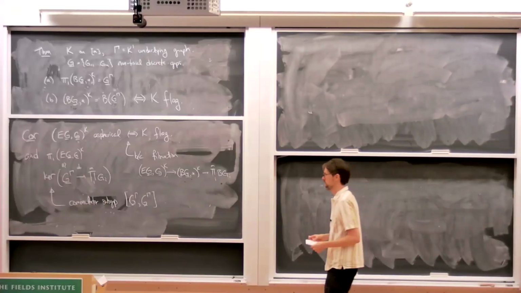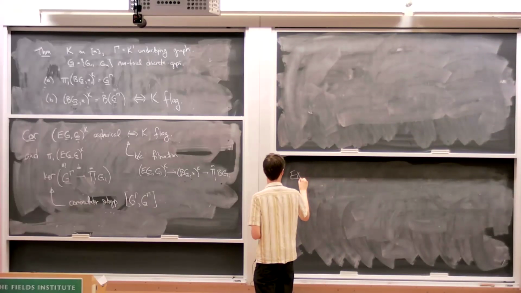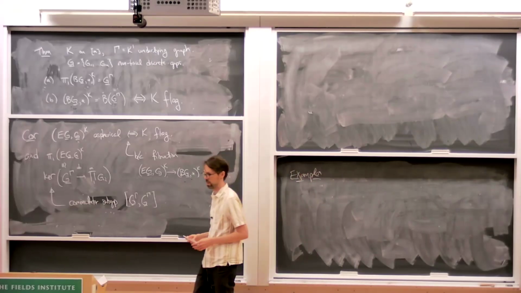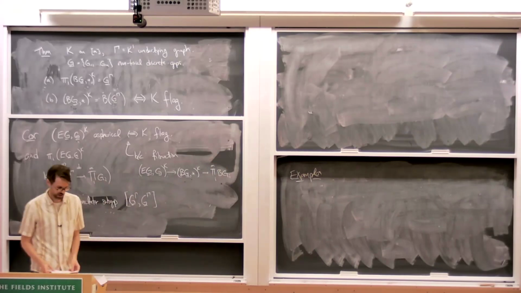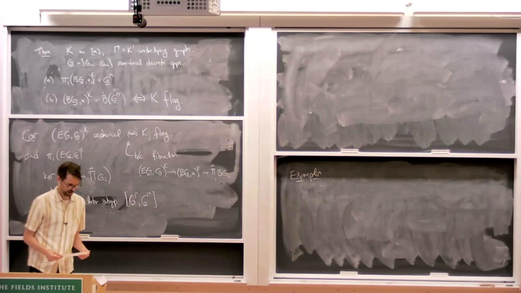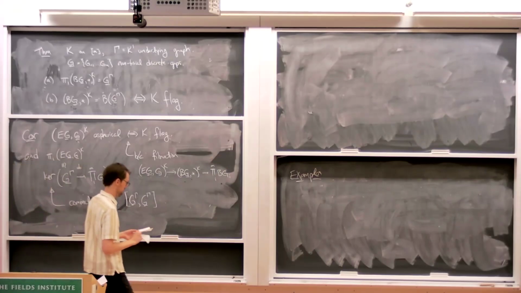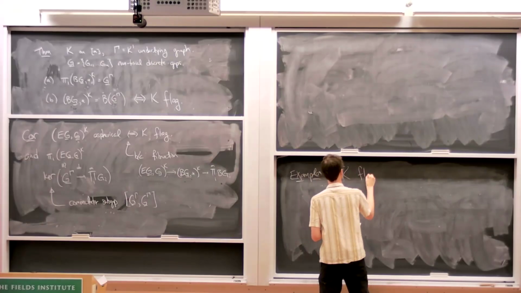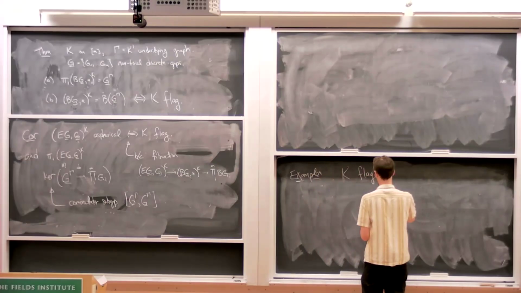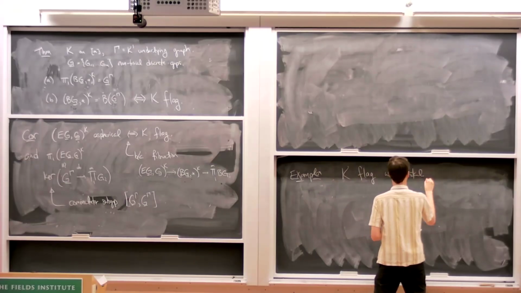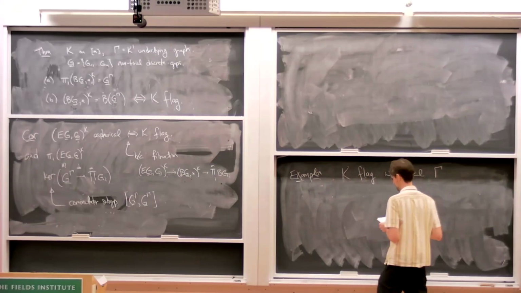Okay, so examples. We have these right-angled Artin groups. Let K be flag for the rest of the talk with one-skeleton graph that we'll call gamma.